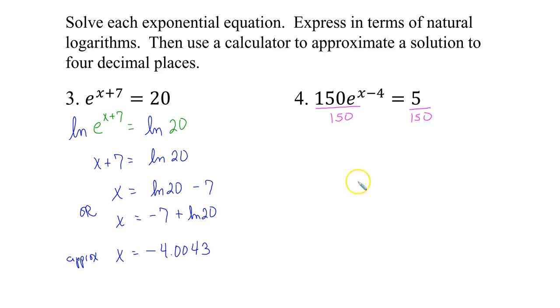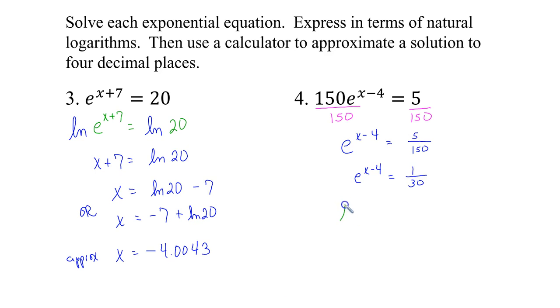That's going to give us e to the x minus 4 power on the left-hand side is equal to 5 divided by 150 on the right-hand side. If you would like to simplify 5 over 150, you can. 5 divides into 150. That's going to leave me with 1 over 30. A little bit easier fraction. I probably would not get the decimal value there.